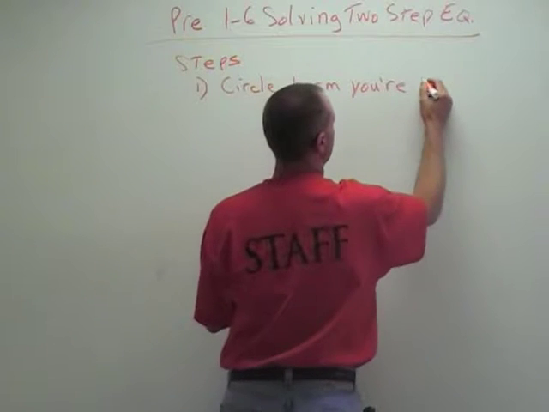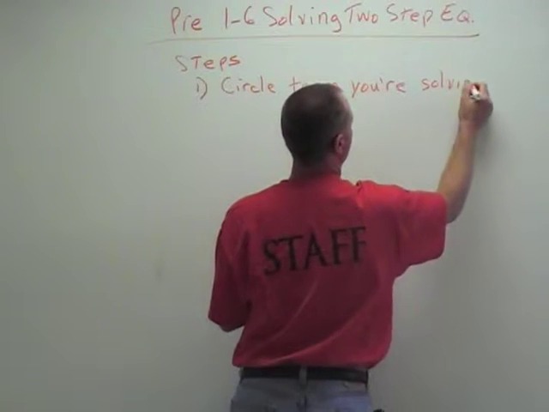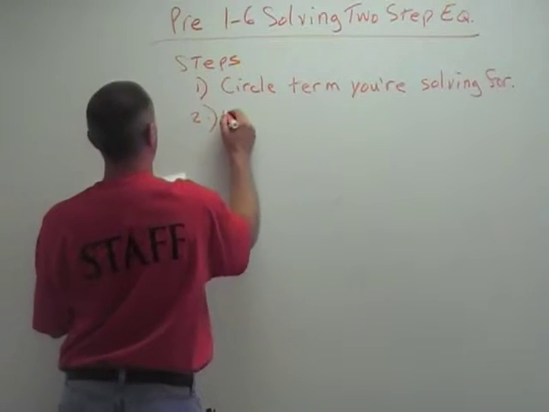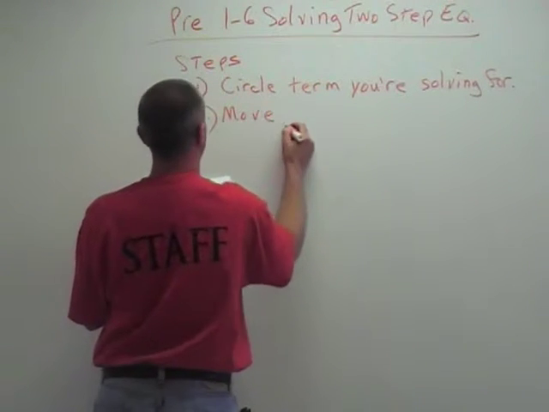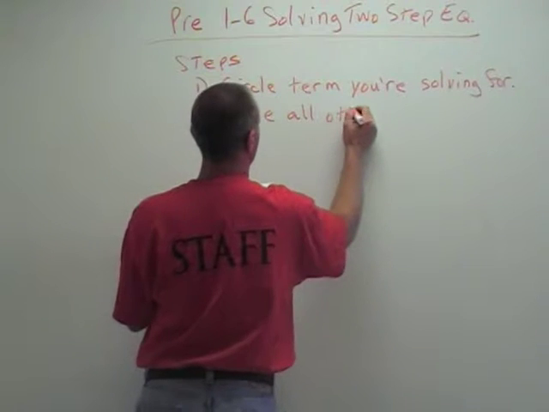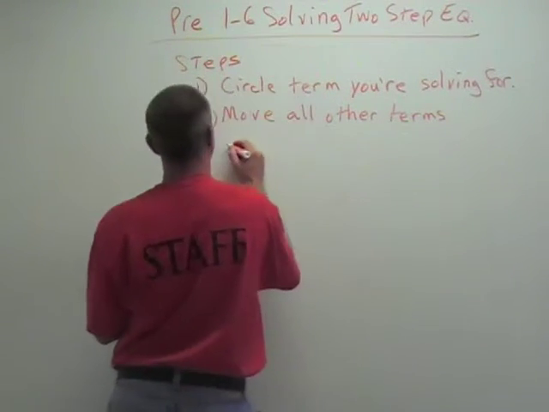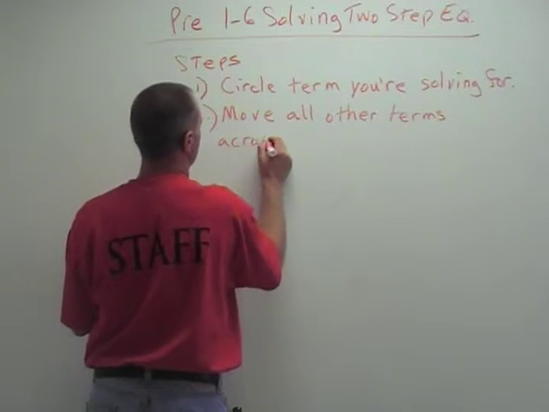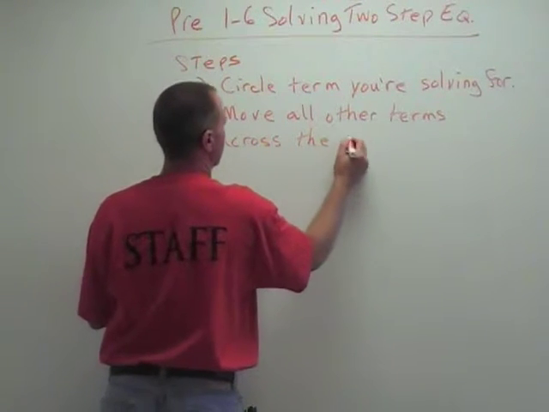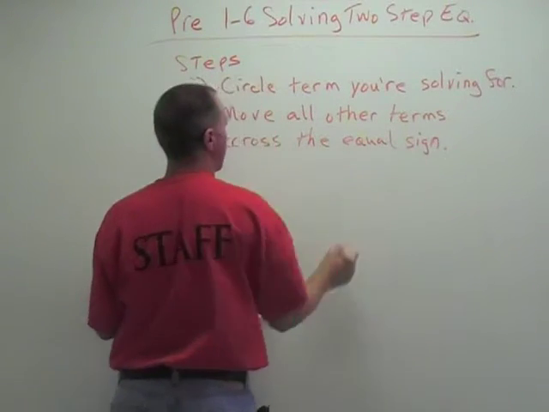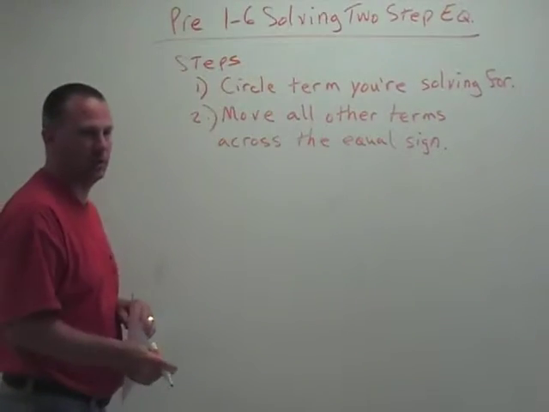Step 1, circle the term you're solving for. Step 2, move all other terms across the equal sign by adding their opposite or doing the opposite operation.